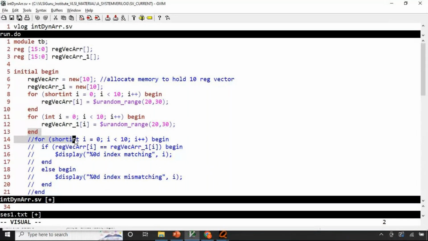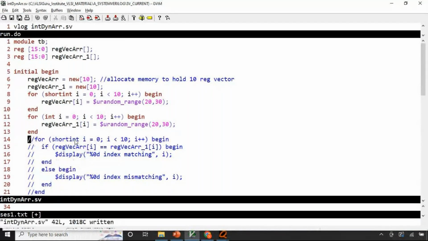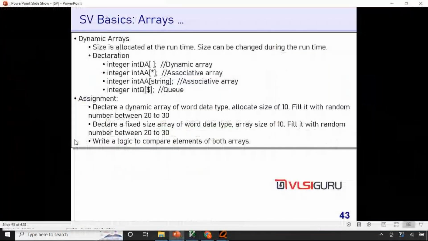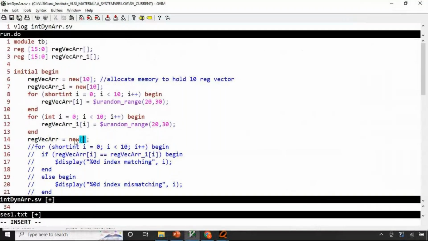Clear? How to reduce? Like that. Int array new, new of 0 means what? Delete. Sir, what will happen to the elements which were already there? There is an option where if you keep the array name, it will keep the existing elements.